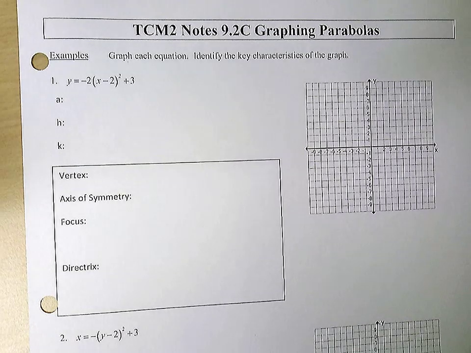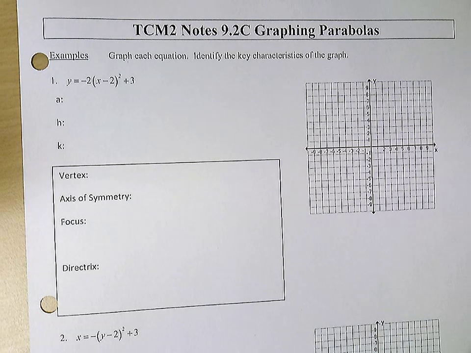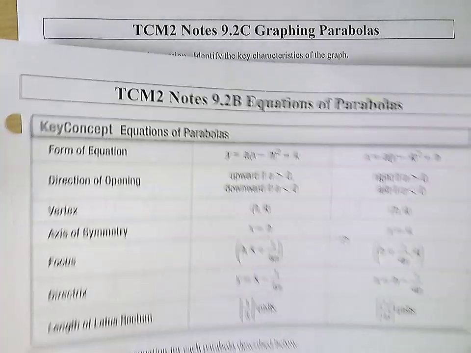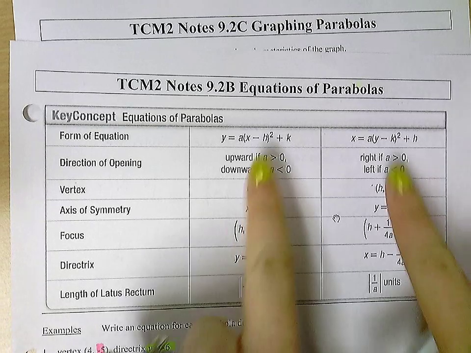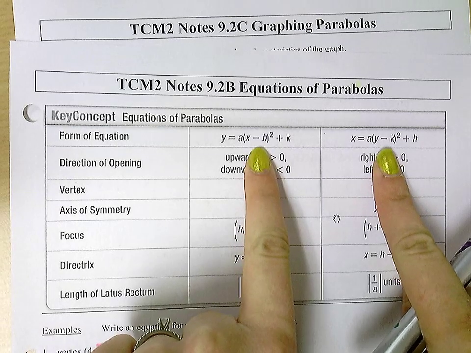All right, so first one, again, we're graphing these parabolas from standard form. First thing I always do is locate my A, H, and K values. If you remember from the chart I gave you, we have our two different standard forms.